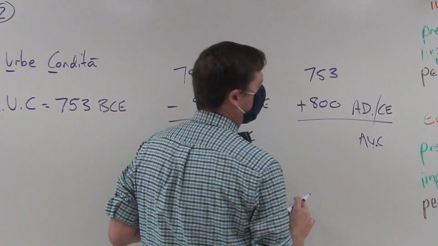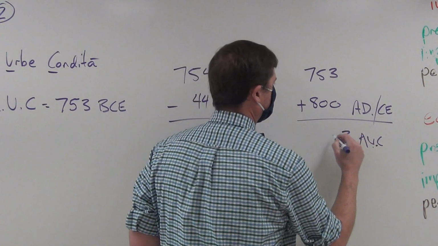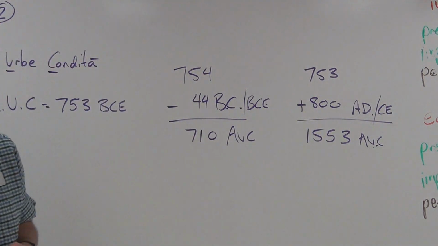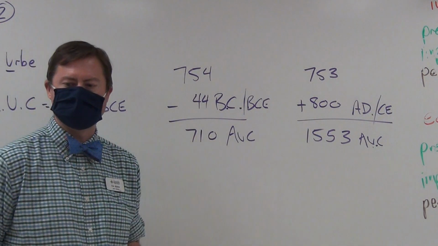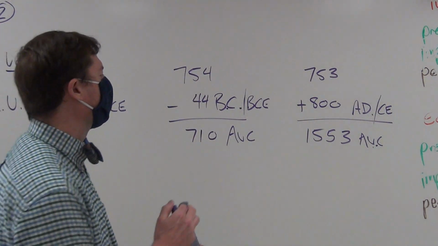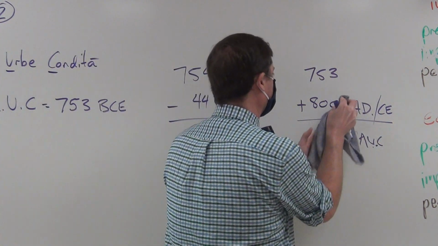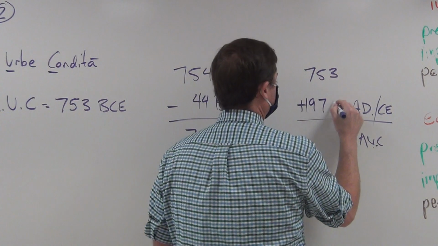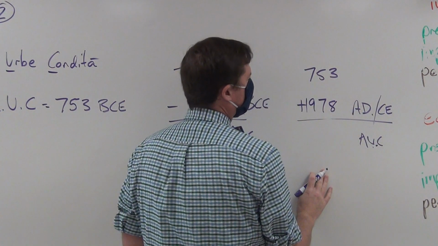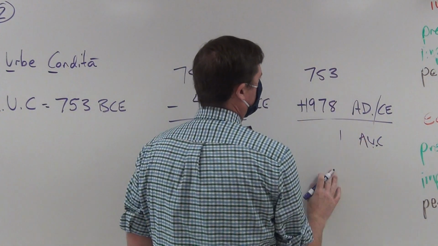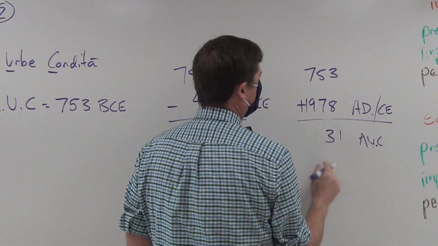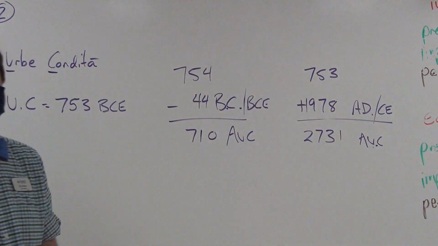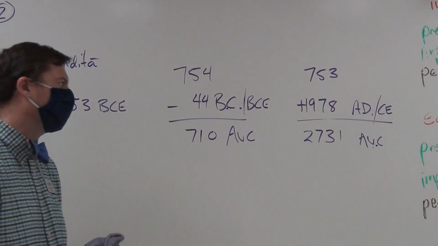So when did that happen, AUC? In the year 1553 AUC, Charlemagne was crowned. If instead we wanted to go with the year of my birth, then you would add that together. I was born in the year 2731 AUC.